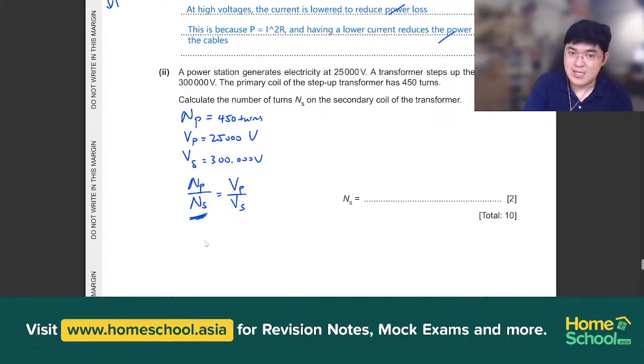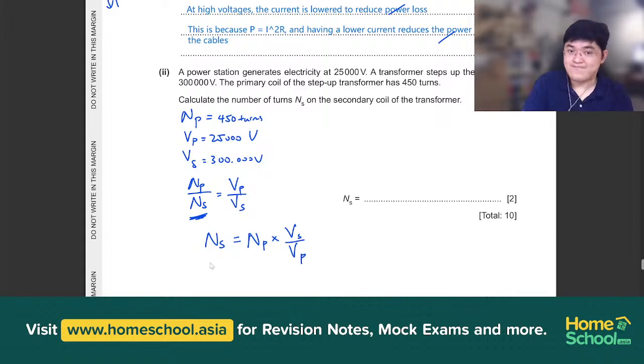Multiply both sides, we should get Ns equals Np times Vs over Vp. Oh my goodness, I did it wrongly.